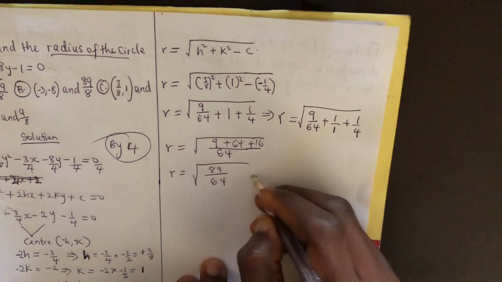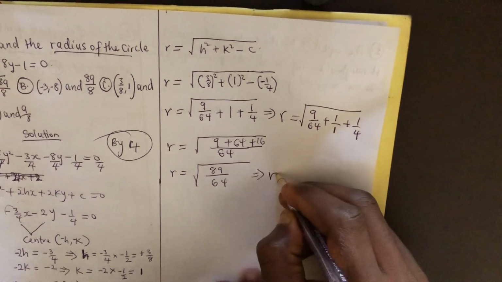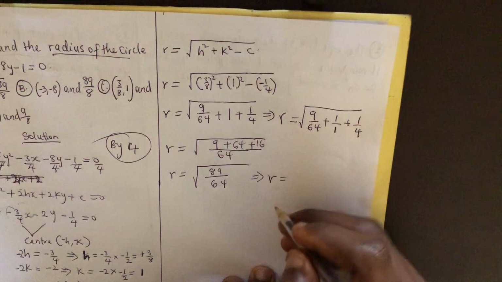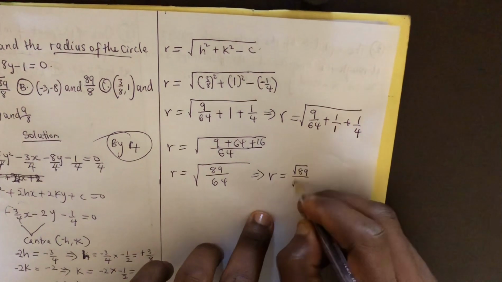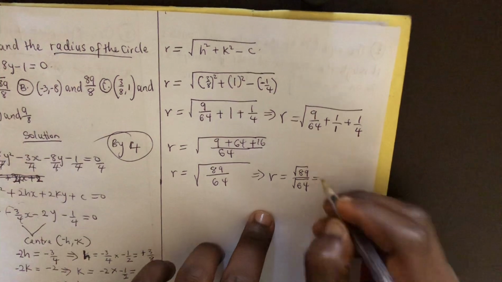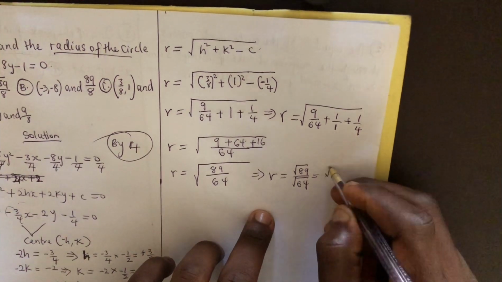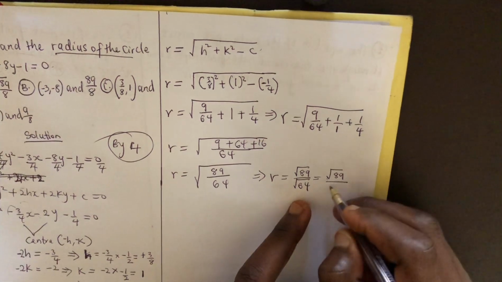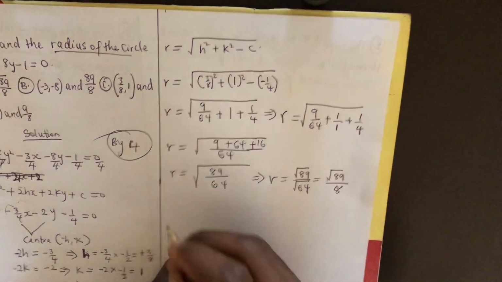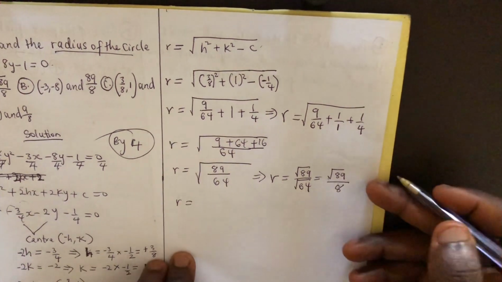Now you know that according to the law of indices, we can split both the numerator and denominator. So we can have the square root of 89 over the square root of 64. And you know we can't take the square root of 89, so it will still remain the square root of 89, and the square root of 64 is 8. And that is our answer. We have gotten our radius.